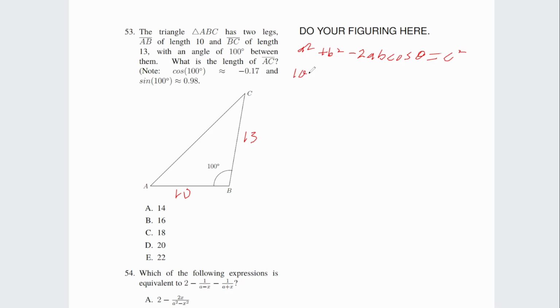We have 100 plus 169 minus 260 for 2ab, right? 13 times 10 is 130 times 2 is 260 times cosine of 100, which is times minus 0.17, equals c squared.